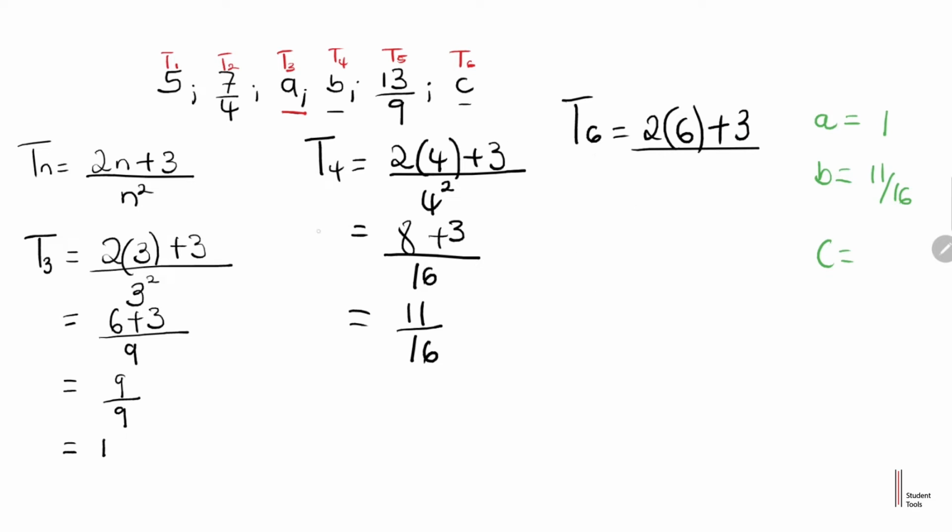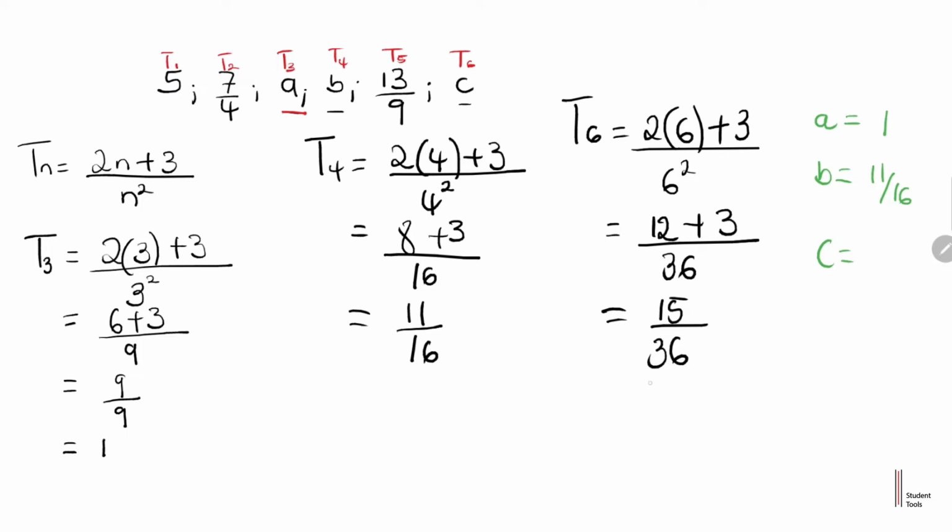We're replacing n with a 6, so it's 6 squared. This is equal to 2 multiplied by a 6, that is a 12, plus a 3 over 6 squared, that is 36, equal to 12 plus 3, that is 15 over 36.